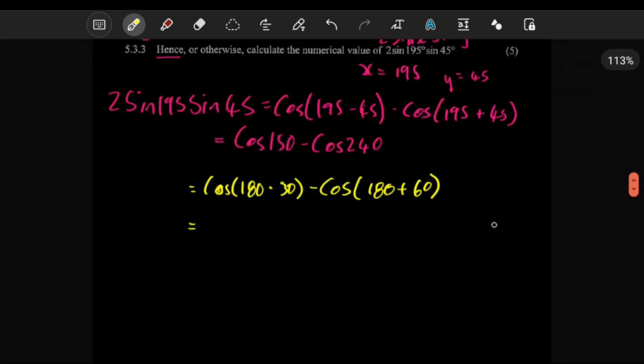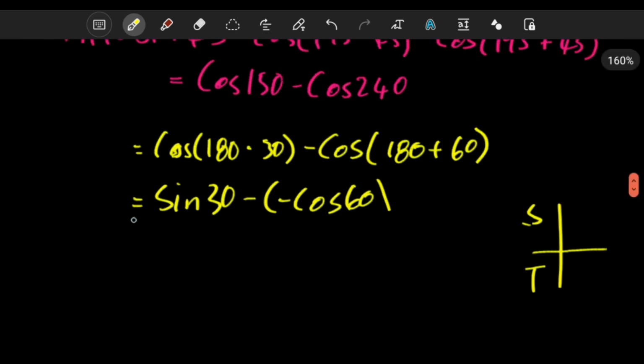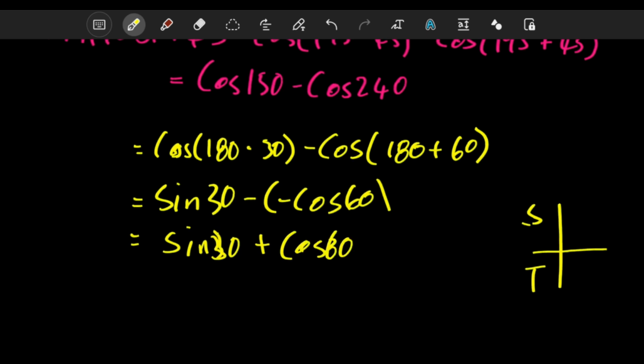If you use your CAST diagram, 180 minus lands in the quadrant where sine is positive, so this is sine 30. 180 plus lands you in the quadrant where only tan is positive, so this would come out as a negative. So let me put minus here with minus cos 60 so that we don't get confused. And then sine 30 plus cos 60.